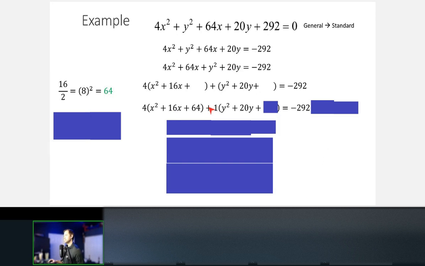All right, next. So once we put a 64 here, what do I have to do next? It looks like a few of you are saying add 64 to the other side. Anyone else agree?